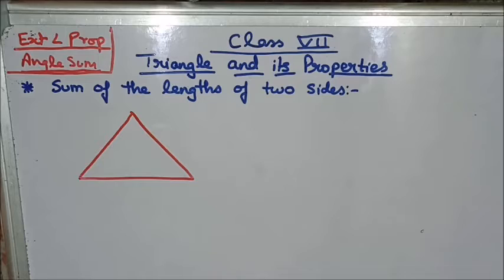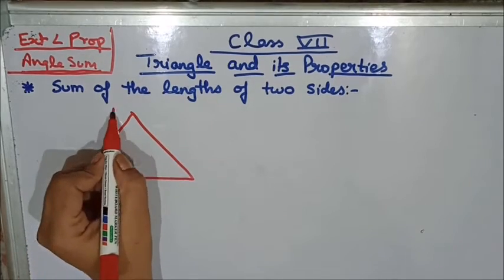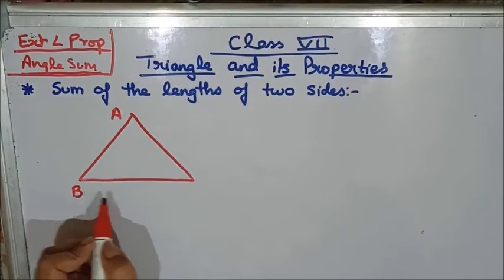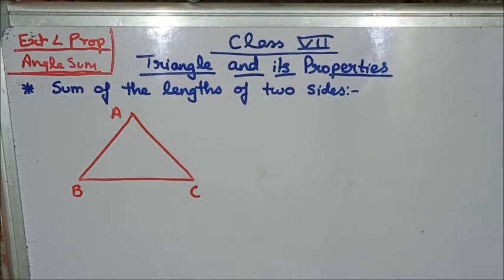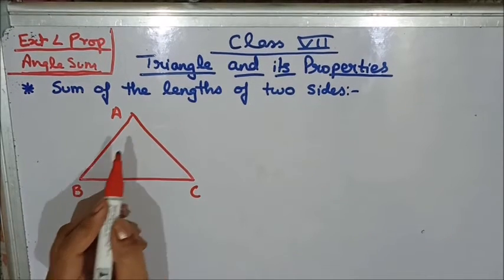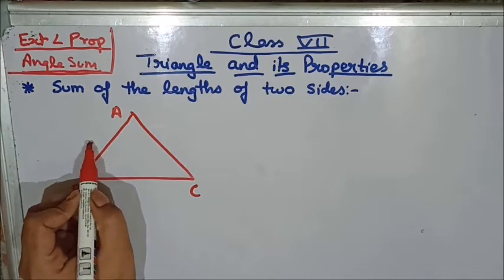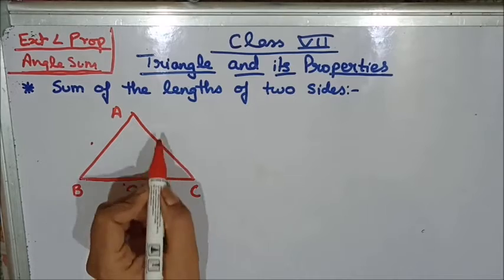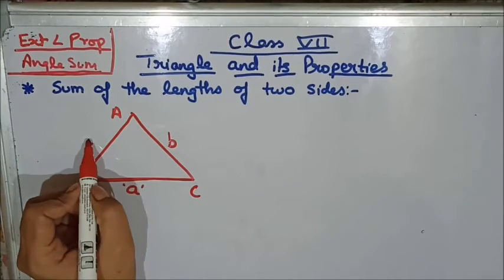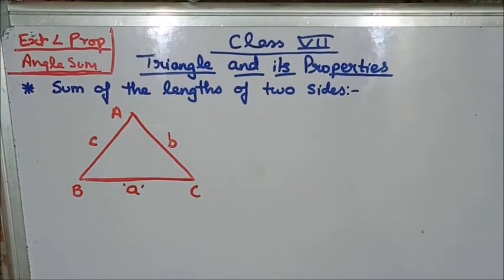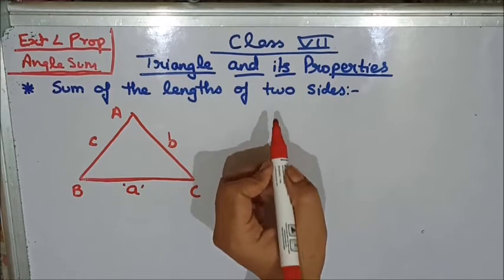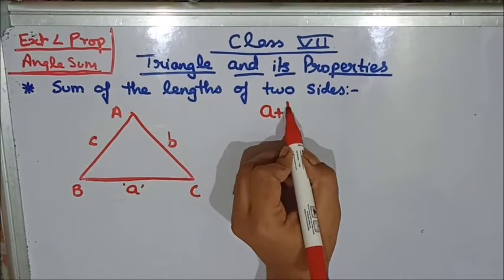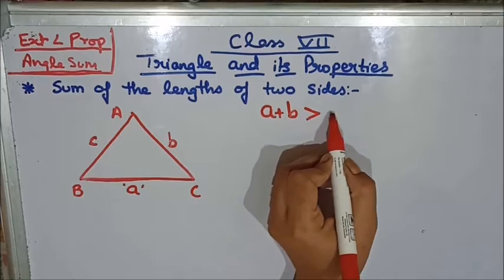Let us assume this is a triangle ABC. According to this property, suppose this length I am taking as A centimeter, this length is B centimeter, and this is C centimeter. So A plus B is always greater than the third side.